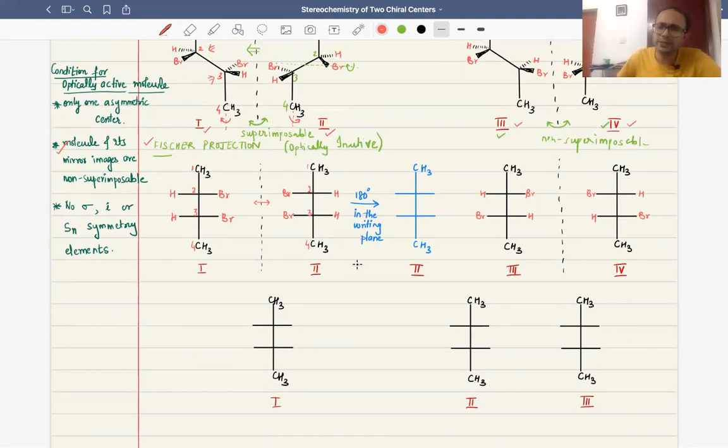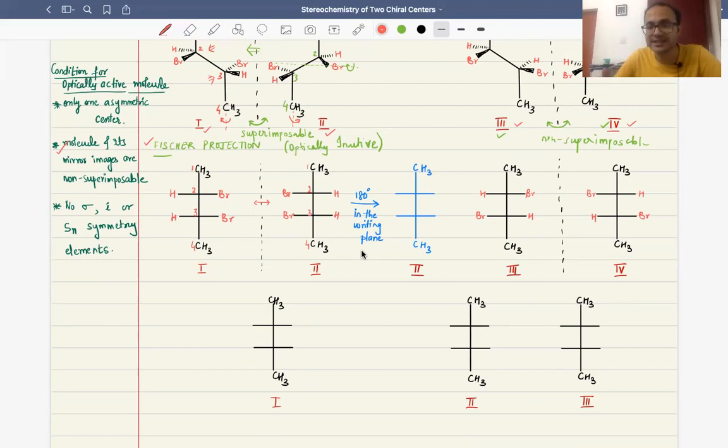In a Fisher projection formula, as I previously mentioned, an important criterion is that if you rotate a Fisher projection formula by 180 degrees in the plane, or in the writing plane, then you do not change the configuration of the molecule. Or another thing is, at a stereo center, if you do an even number of interchanges, then you do not change the stereochemistry.